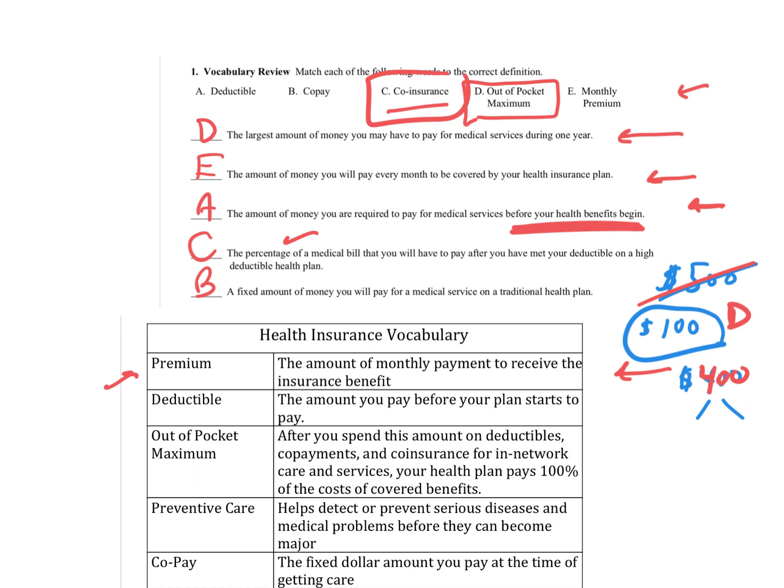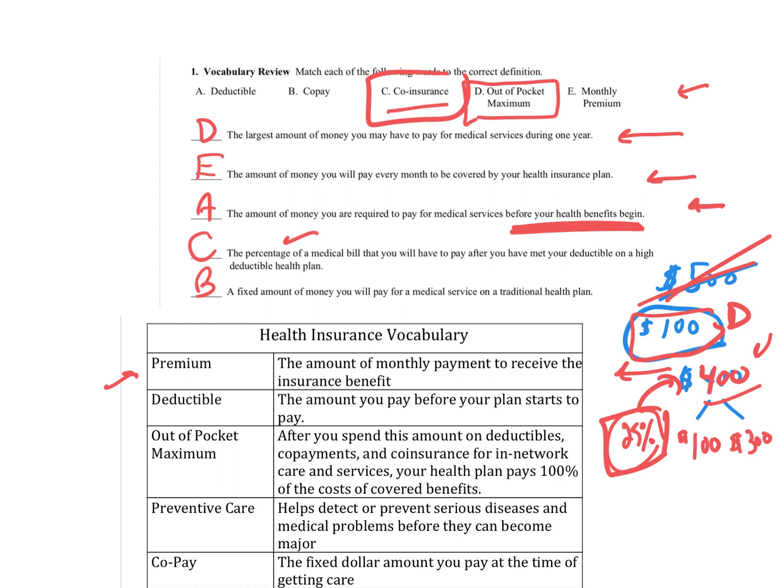So let's say your coinsurance is, let's go 25%. That means, okay, you paid your $100 from your $500 bill, so you cut it down to $400, and then you're responsible for 25% of the rest, which means you're going to be paying an additional $100, and then the insurance company will pay the $300 to make up the $400 bill that you owe.